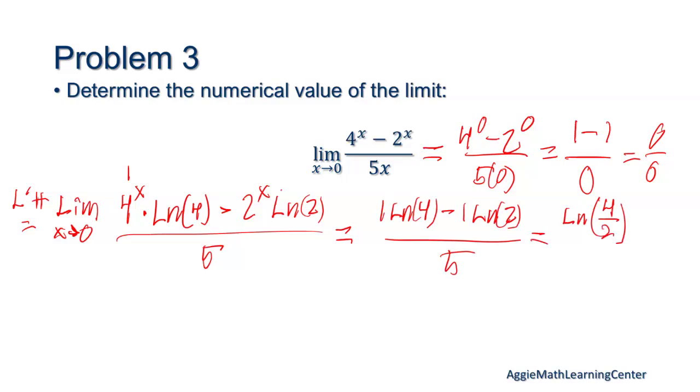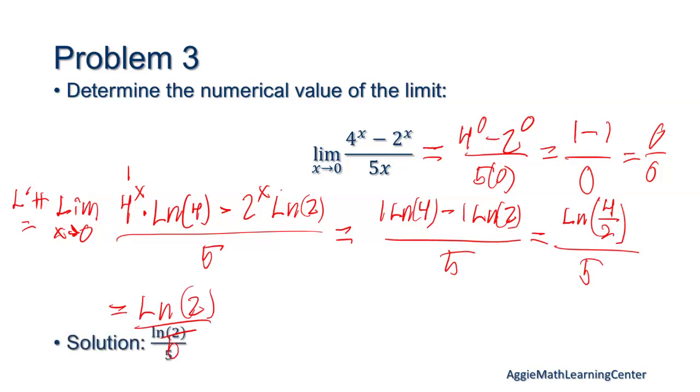Conversely, if you add logs, you can turn it into multiplication just inside of the log. Over 5. So that's going to be equal to ln of 2 over 5, since 4 divided by 2 is 2. And I promise it says it down there.